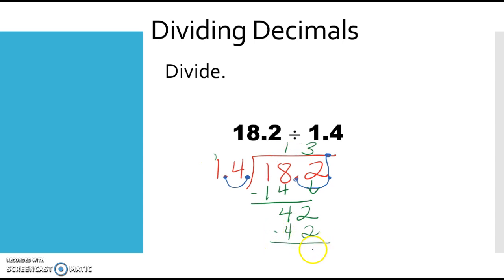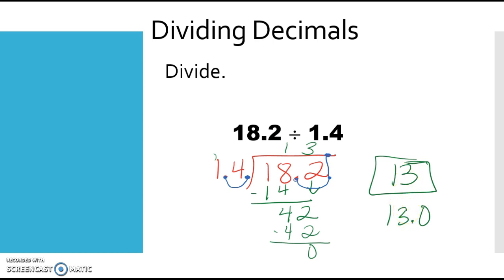And we actually get a whole number here. So our final answer is 13. If you put 13 and 0 tenths, like 13.0, that's also fine. But since there aren't any decimals here, we don't really need to add that decimal place. So 13 would be our answer. If you were to give me that 13.0, that is not incorrect. So either one would be good here.